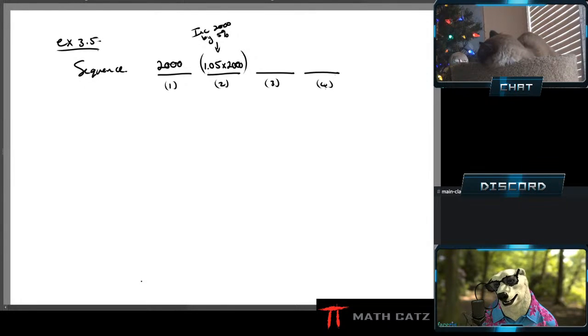In MathBot, 1.05 times 2000. That is 2100. Now that 2100 sits for a year and gets 5%.